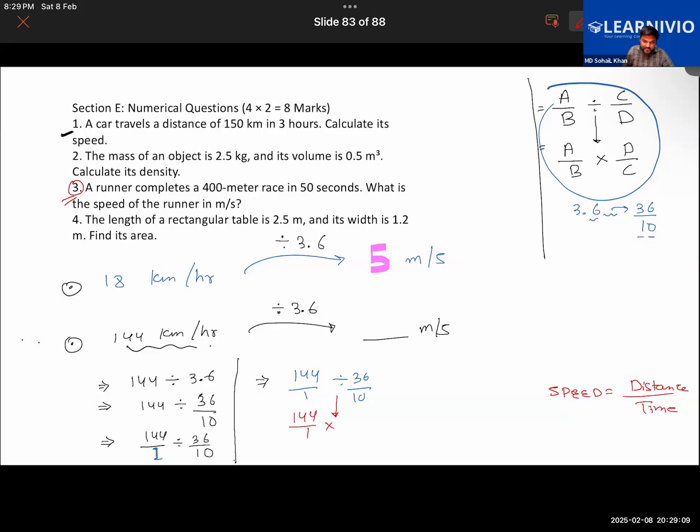And what will happen to 36 upon 10? It will be written as 10 upon 36.